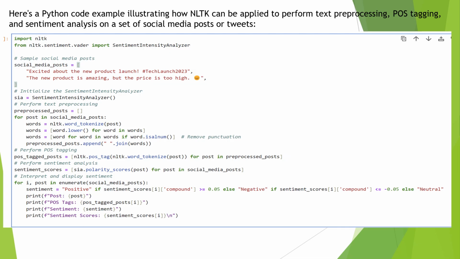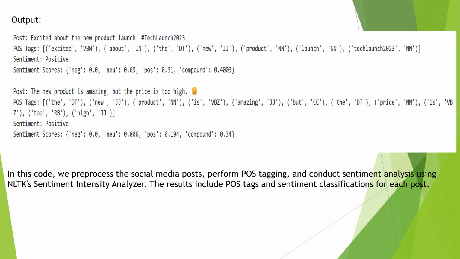So this is a Python code illustrating how NLTK can be applied to perform text preprocessing, POS tagging, and sentiment analysis on a set of social media posts or tweets. And here is the output.